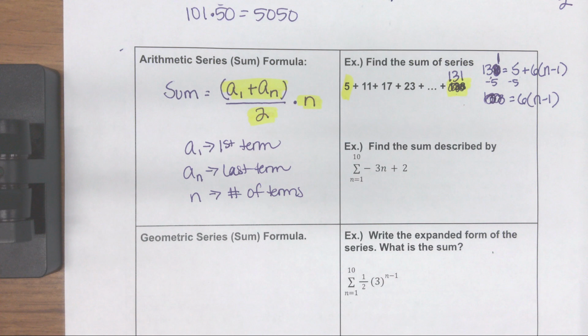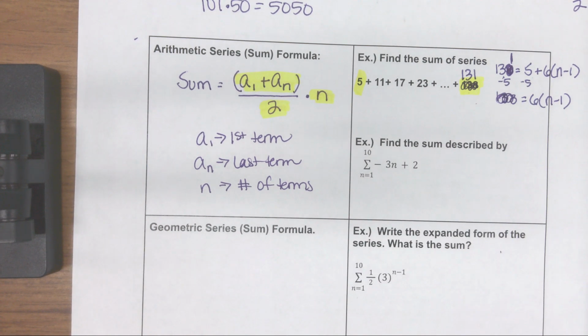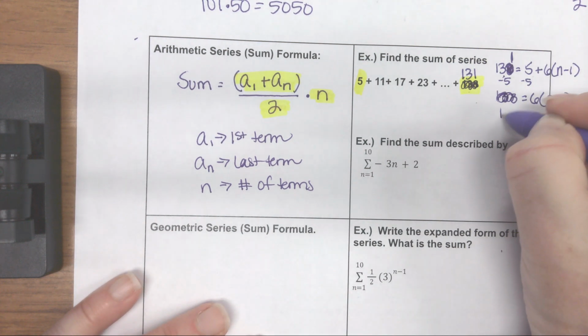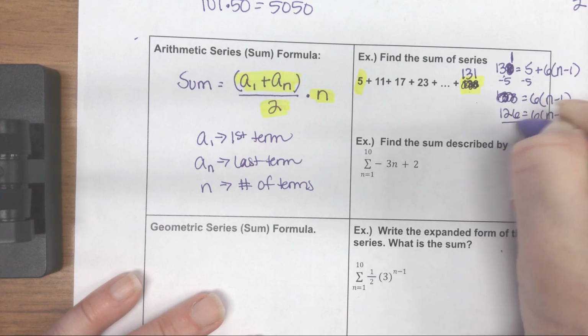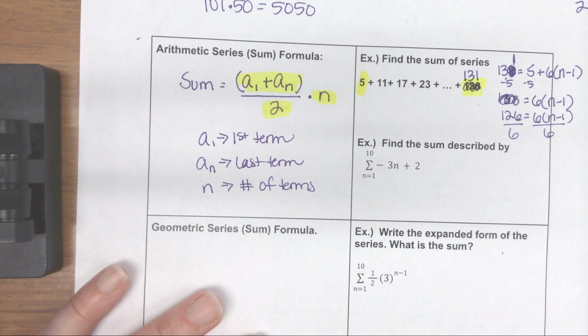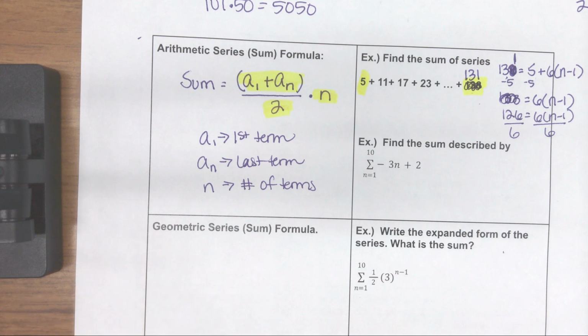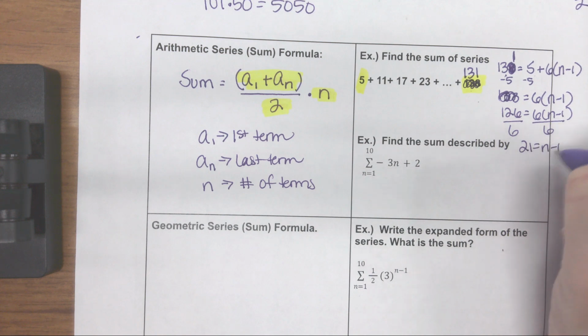So if that were 131, we'd set it equal to our explicit formula. We subtract our 5 first. What's 131 minus 5? 126. All right, divide both sides by 6. What do you get? 21 equals n minus 1, so this is the 22nd term.